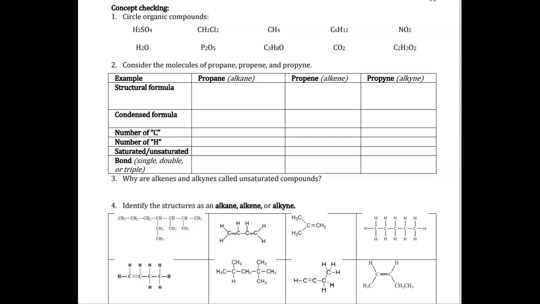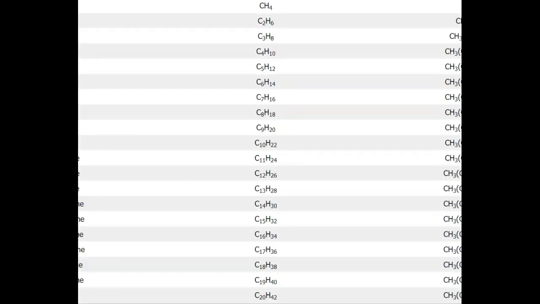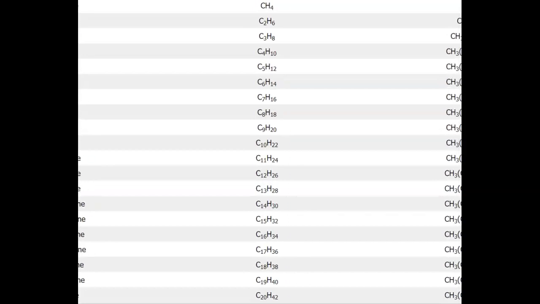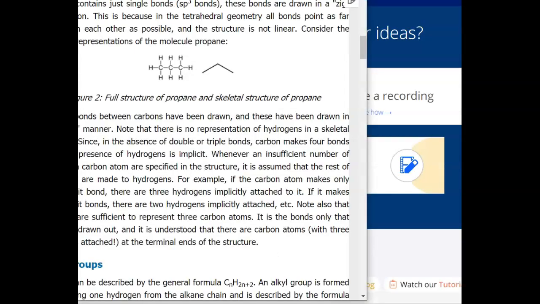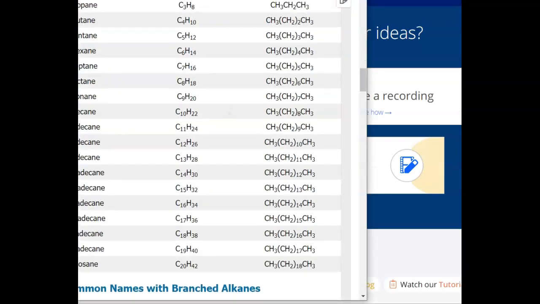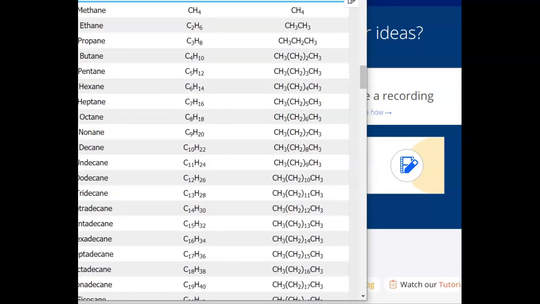Consider the molecules of propane, propene and propyne. You can see the names of organic molecules according to the number of carbon atoms.